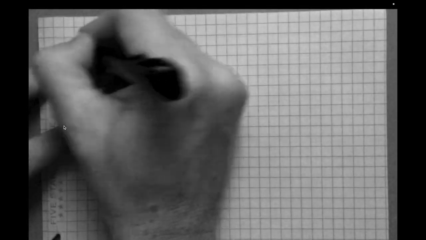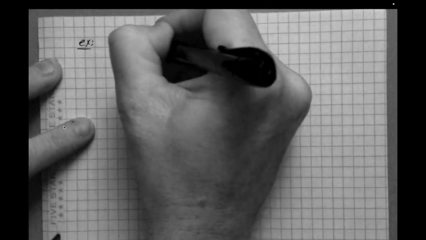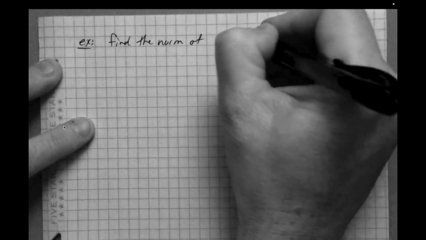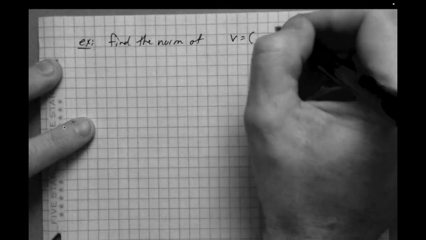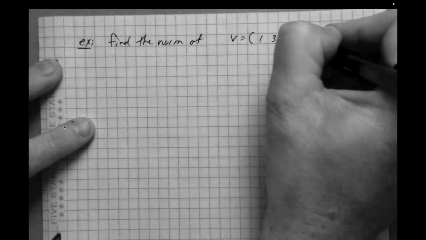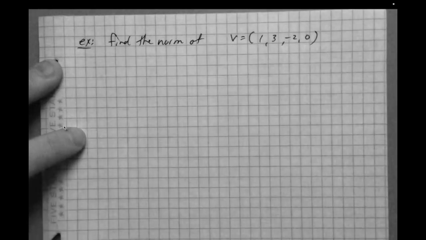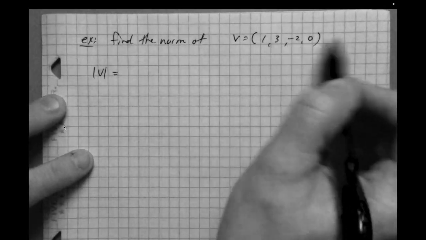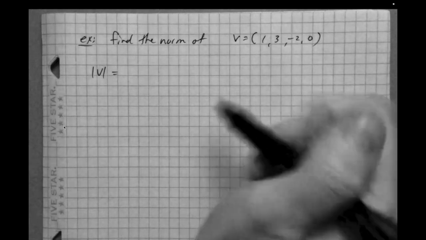All right. Let's do an example where we find the norm. Find the norm of v equals 1, 3, negative 2, 0. Okay, so the norm we know is just equal to the square root of the sum of squares of all the components.